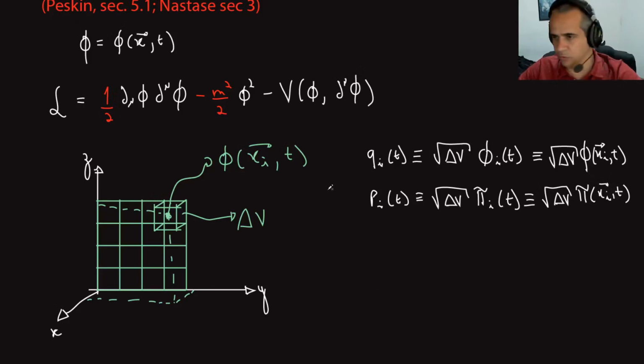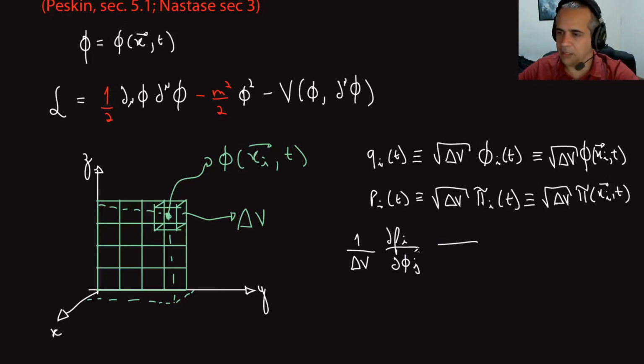I also have to write a dictionary between the discrete and the continuum for the derivative. So in the discrete version I have partial derivatives, so I can take any function of the fields or momenta and differentiate, say, in relation to the field. And these, with that normalization, will be connected in the continuum limit. At the moment I take this to the continuum, these values become a function in three-dimensional space.